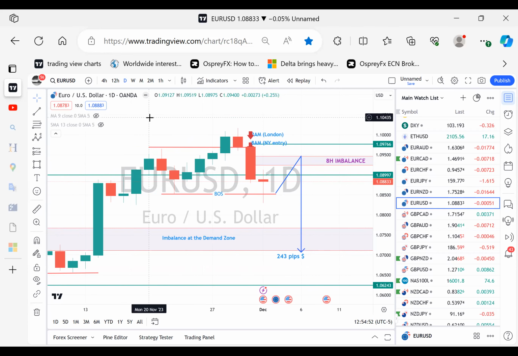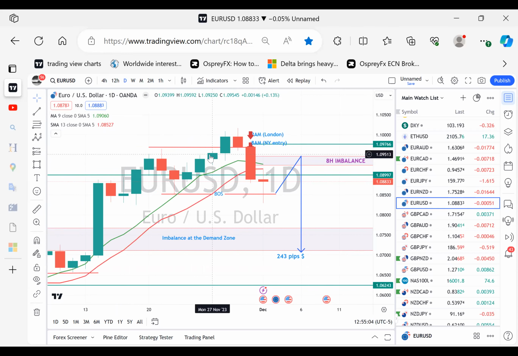You can always find an entry on the lower time frame, but here's the problem. You need to look at the higher time frame to make sure that you're not getting caught up in a squeeze from the higher time frame.